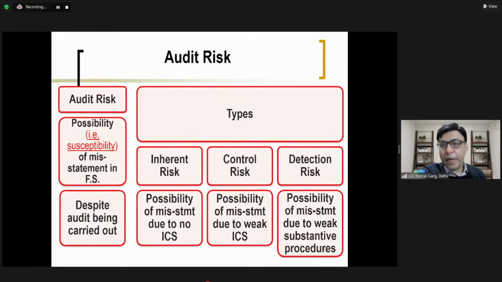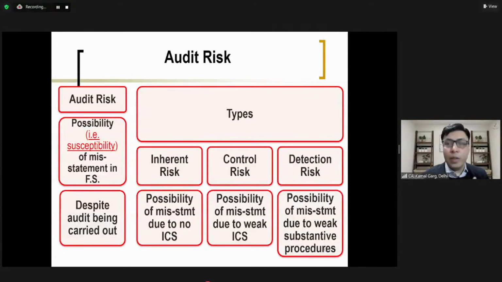What is detection risk? Detection risk is the possibility of misstatements due to weak substantive procedures. So whatever I was calling vouching verification, technically it is called substantive procedure. So Vipulji applied vouching verification procedure, but still misstatements were not identified. That possibility is called detection risk. I believe this point is clear to each one of you. If it is clear, why did we discuss all this stuff?